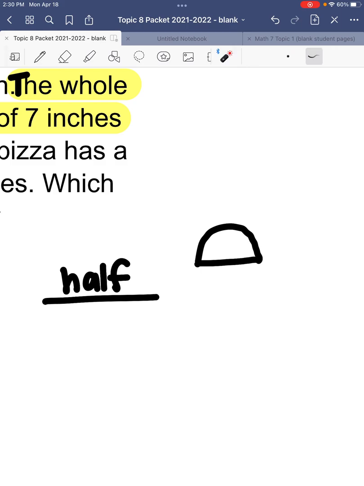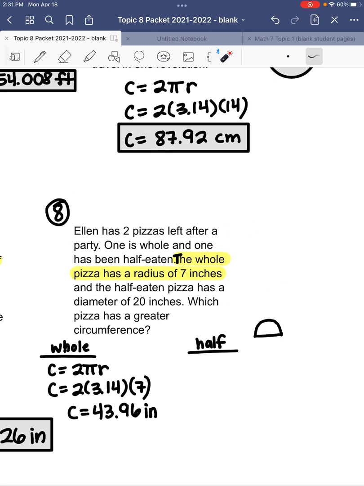So I've got to find this part right here, half of the outside edge, but I've got to add the diameter back, right? What we know is that the half-eaten pizza has a diameter of 20 inches.